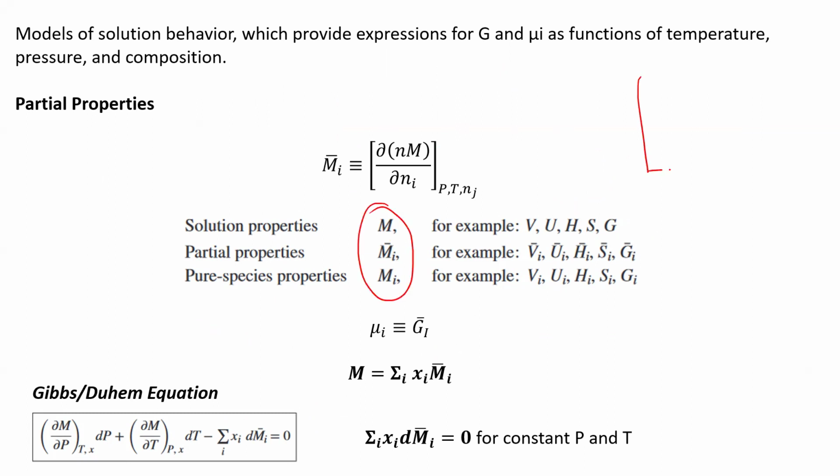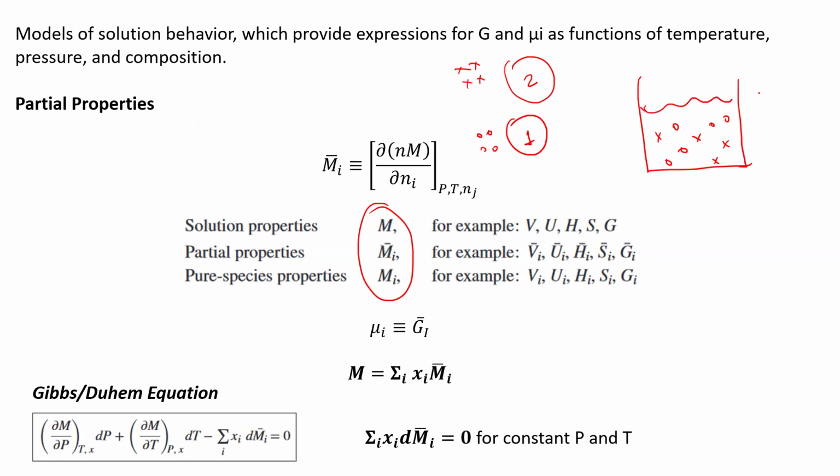For example, I have a pure species 1, and I have a pure species 2. So I have a mixture of these two species. The property of the mixture is M. Then the property of 1 in the mixture is M1 bar, and of 2 it is M2 bar, whereas for the pure species it is M1 and M2.